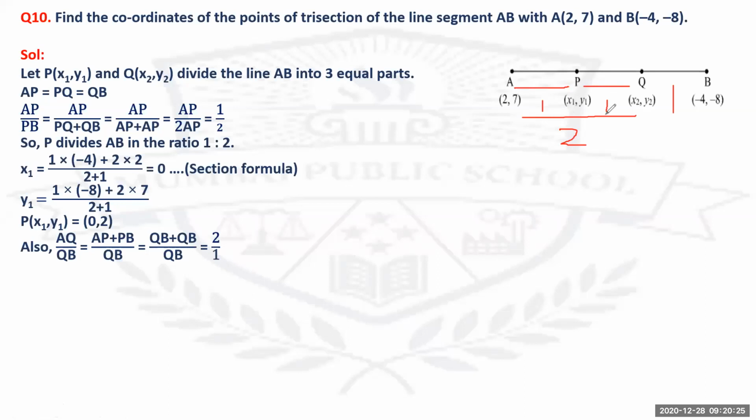Sir, Q is the midpoint between P and B. There you can apply the midpoint formula, yes. Okay sir, how do we find the ratio if it is divided into 4 parts? 4 or 5, we'll do that in the next question, because the next question is 4 parts and 5 parts.